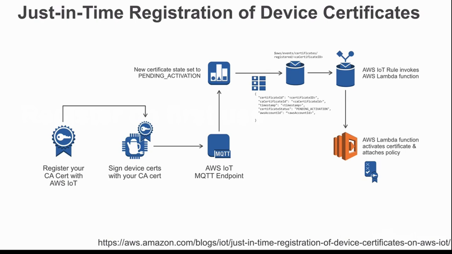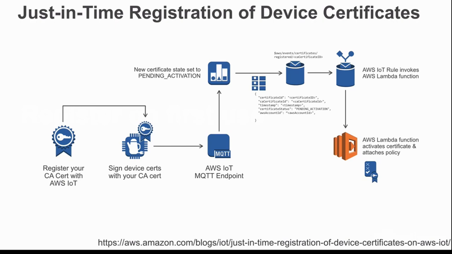Then when a device attempts to connect with one of these X509 certificates that is not known to AWS IoT but was signed by the CA that is registered with AWS IoT, we auto-register the certificate into a pending activation state. That happens on first connect to our MQTT or WebSockets endpoint. We put the certificate into pending activation state and it's awaiting activation.